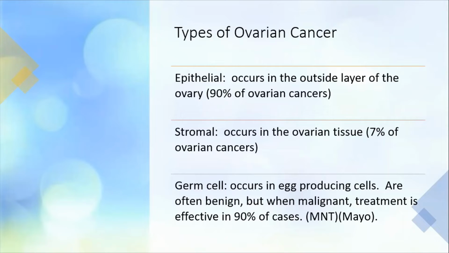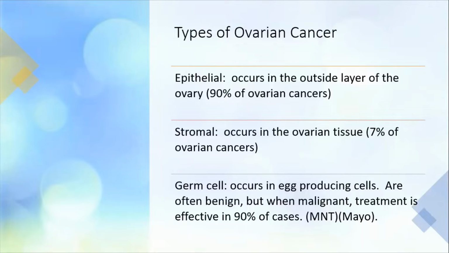Three types of ovarian cancer that we're going to highlight here are epithelial ovarian cancer. 90% of ovarian cancers are epithelial in nature, which occurs in the outside layer of the ovary. Stromal ovarian cancer occurs 7% of the time with ovarian cancers, and it occurs in the ovarian tissue.